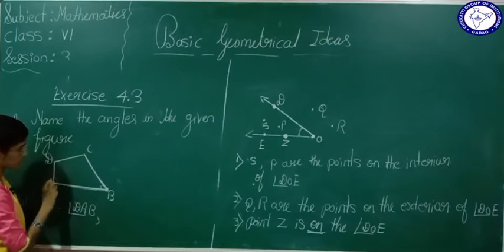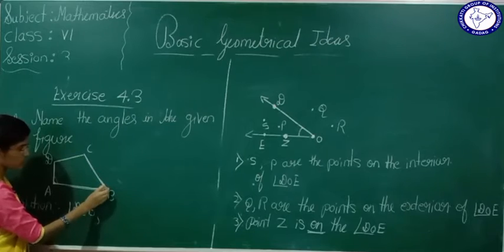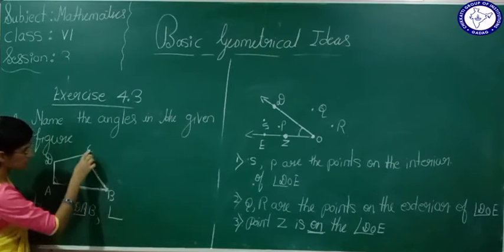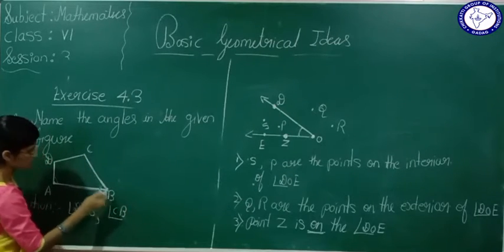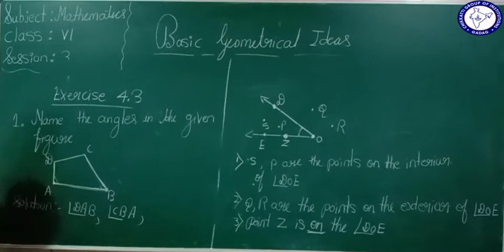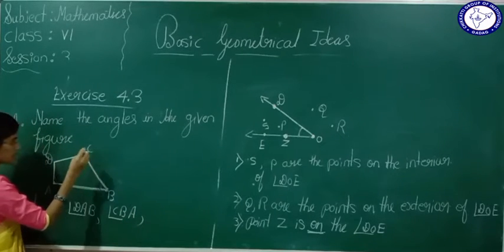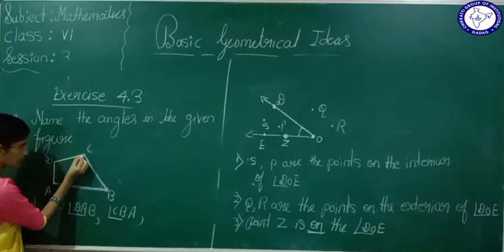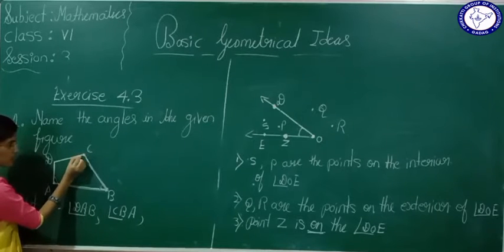This line segment and this line segment are meeting at this point here. Okay, means definitely this is an angle here. Okay, CBA. Now, this line segment and this line segment are meeting here. Okay, they are meeting at this point. Definitely this is an angle here.